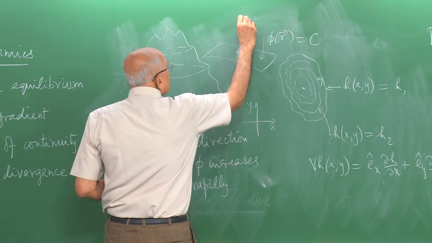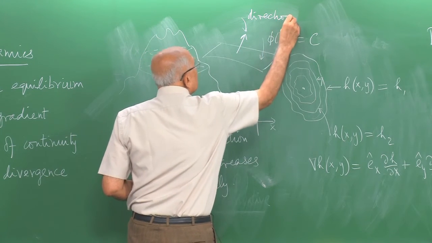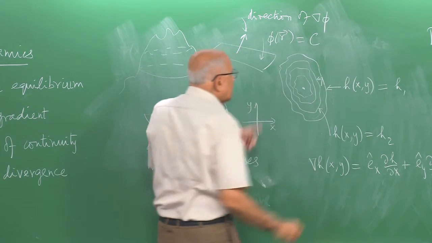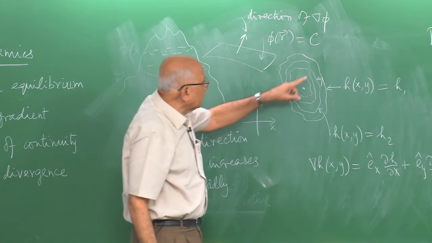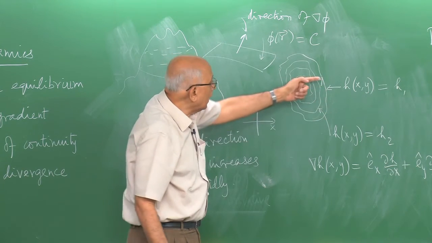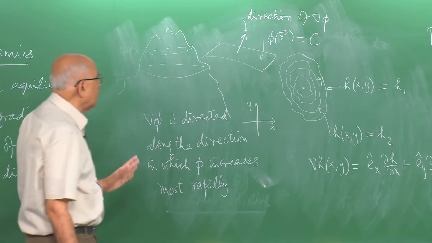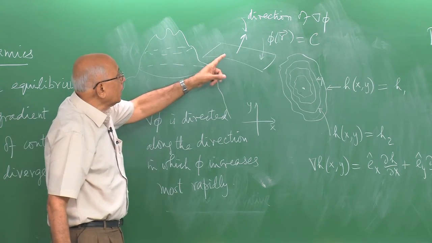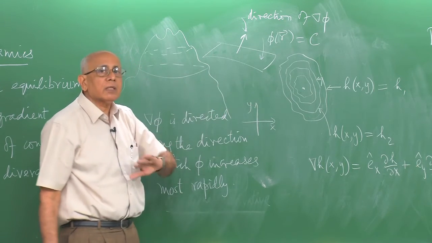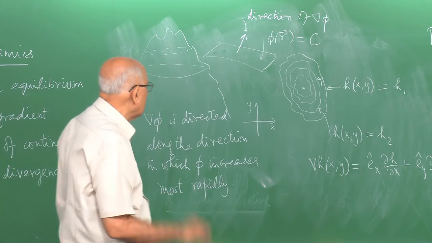This is the direction of grad phi. Just as if you had a function of two variables, the level curves of this function are h of x y equal to constant and the gradient points normal to those level curves at any point. Similarly, the direction of gradient phi in 3 dimensions is normal to the level surfaces phi of x y z equal to constant at any point.